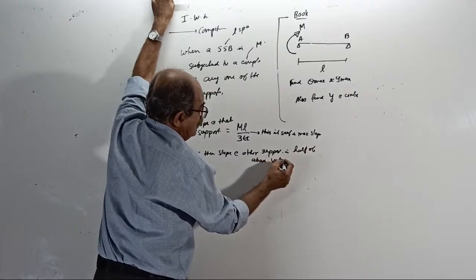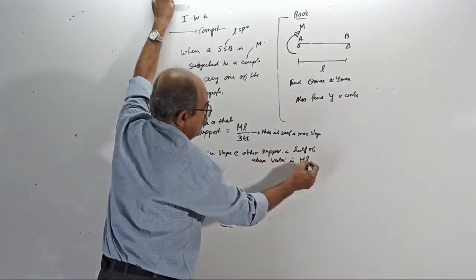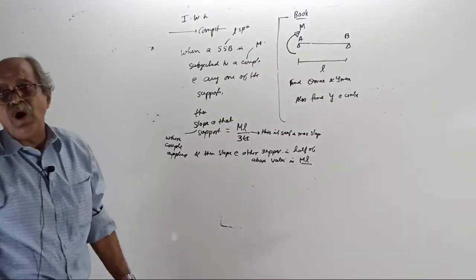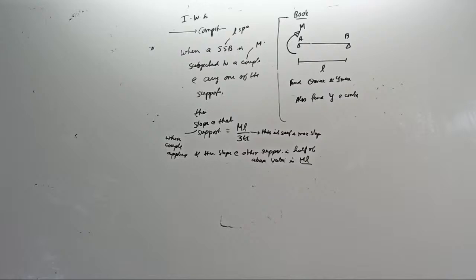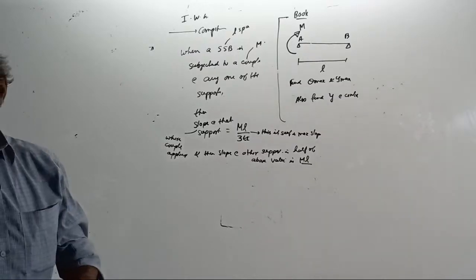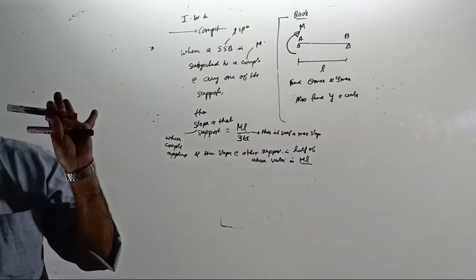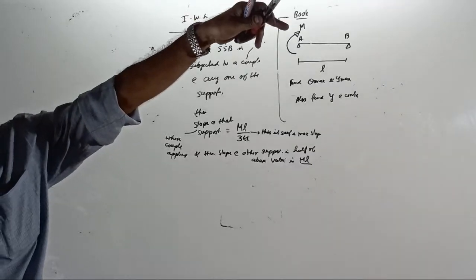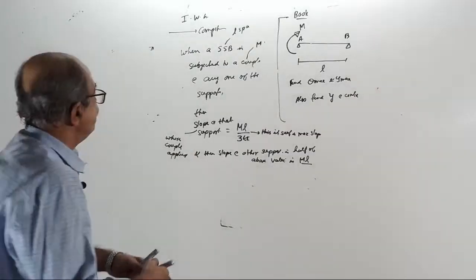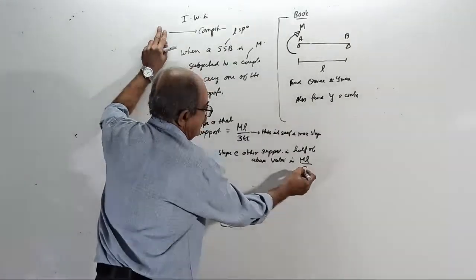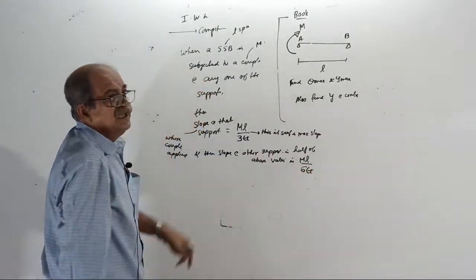Where you apply the couple, the slope is ML by 3EI. At the other support, the slope is lesser, half of this value: ML by 6EI.